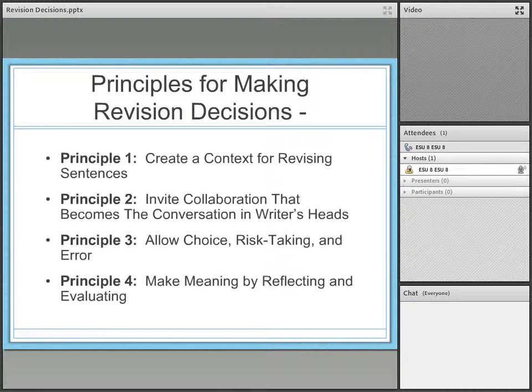Principle three is allow choice, risk taking, and error. Principle four asks us to make meaning by reflecting and evaluating. We're going to go deeper into each one of these principles and have a little more definition about them and some examples of each and how they manifest themselves.